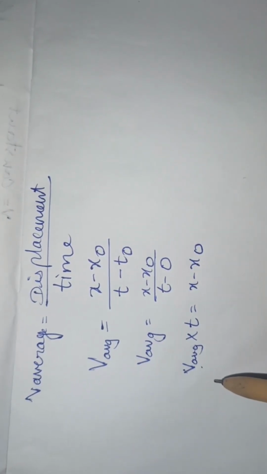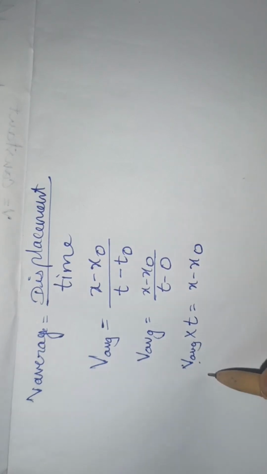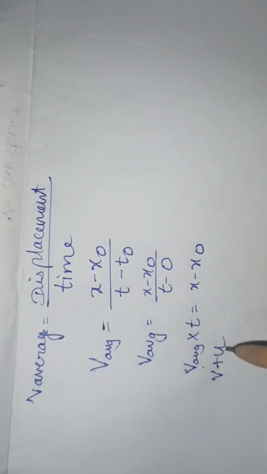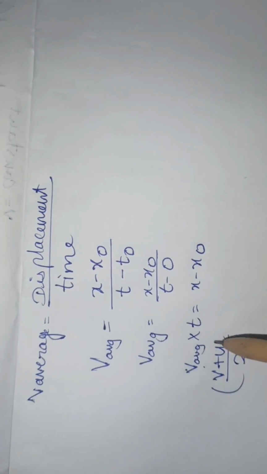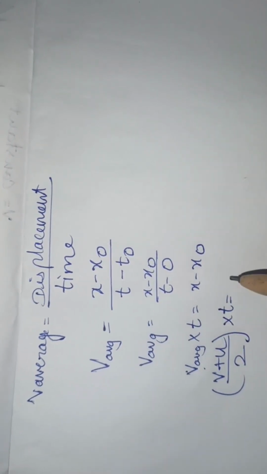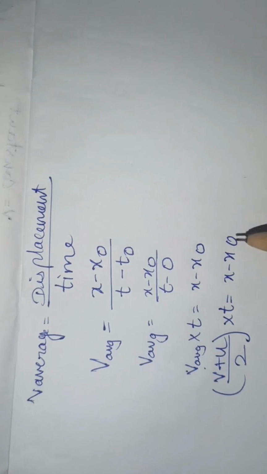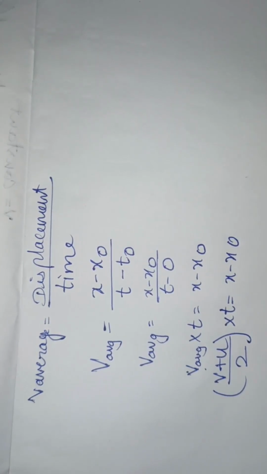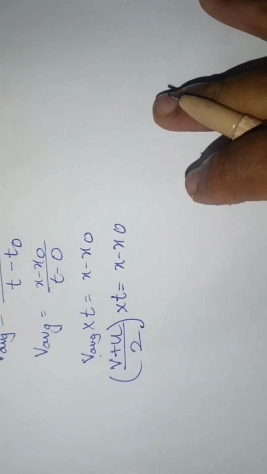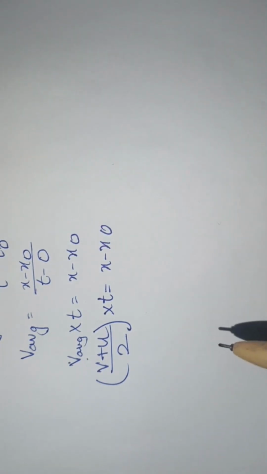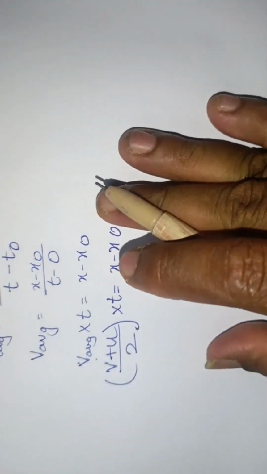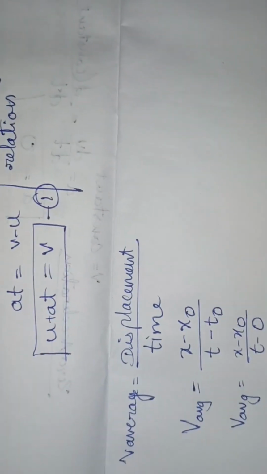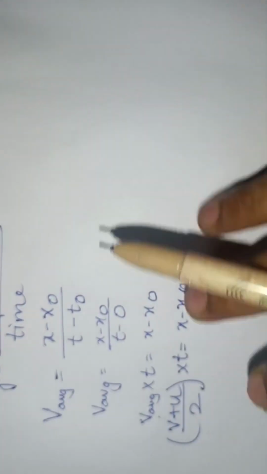V average means initial plus final, so (final plus initial) divided by 2 into t is equal to x minus x naught. In this sense also you can represent the equation very perfectly. I hope you would be very clear. In this part, if we would like to make some little changes, we know very well the first equation of motion. We substitute the first equation of motion into the second part.